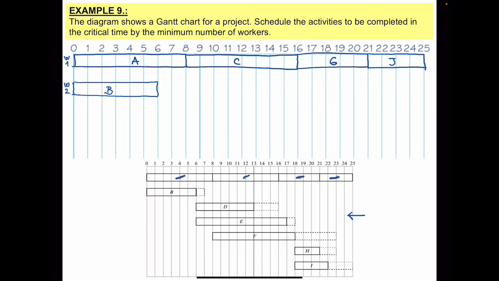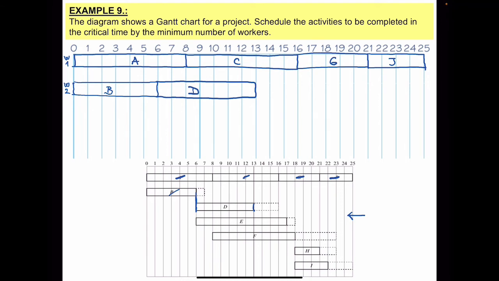And then you can see from the Cascade chart that when B finishes, D can start. That means this worker can take care of the D. D is between 6 and 13. So 6 up to 13 would be the D. And that is about it.